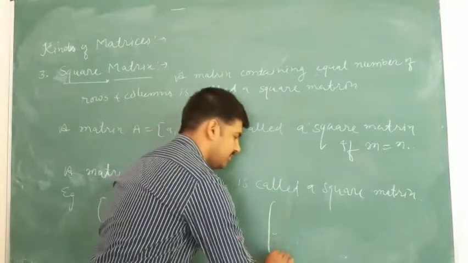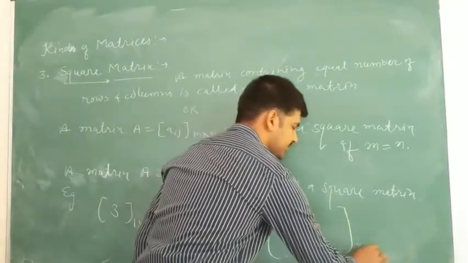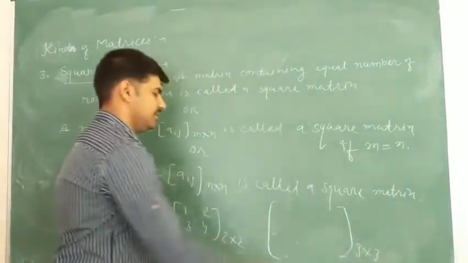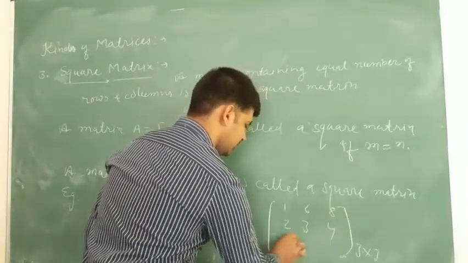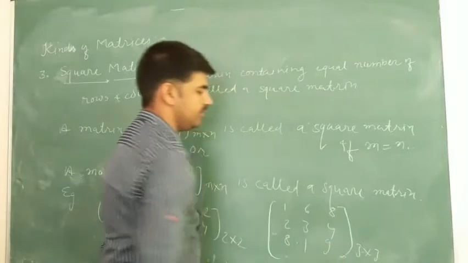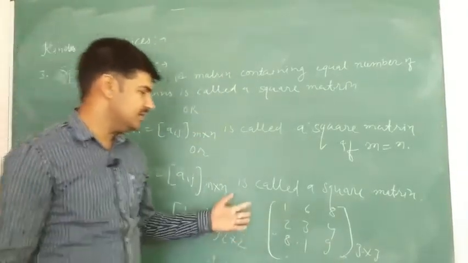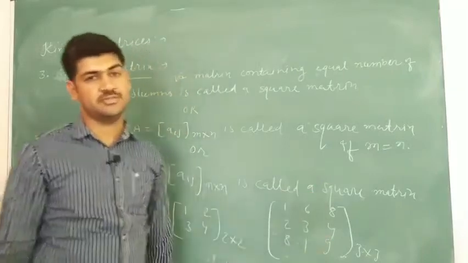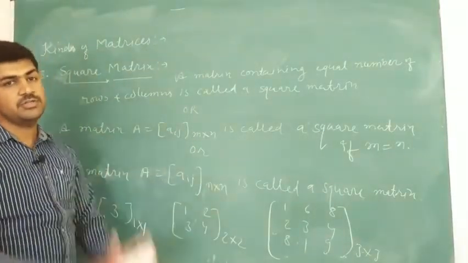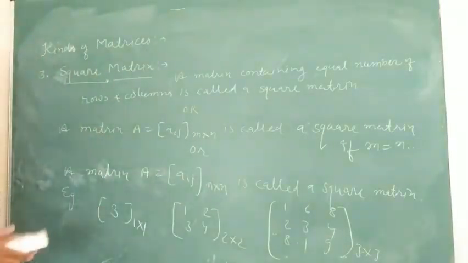Now writing a square matrix of order 3 by 3, with elements 1 6 8, 2 3 4, 8 1 9. What do you notice in this particular matrix? Equal number of rows and columns, 3 rows and 3 columns, therefore it is a square matrix. I hope you have understood the definition of a square matrix.